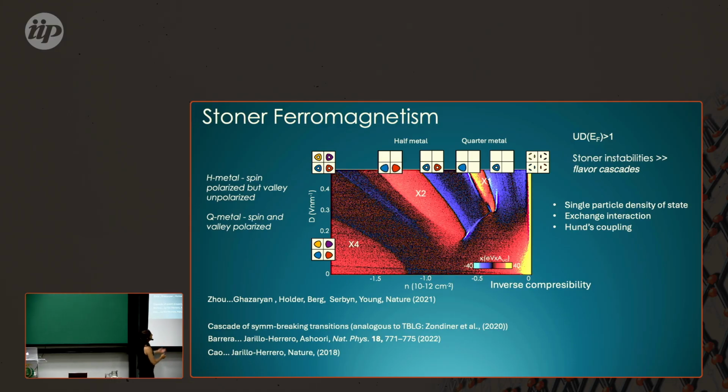This can be explained, as Erez explained yesterday, by the Stoner instability, a flavor cascade, which takes into account the single-particle density of states, the exchange interaction, which wants to gain exchange energy by polarizing the electrons, and then the Hund's coupling that determines which flavor will be the actual one.